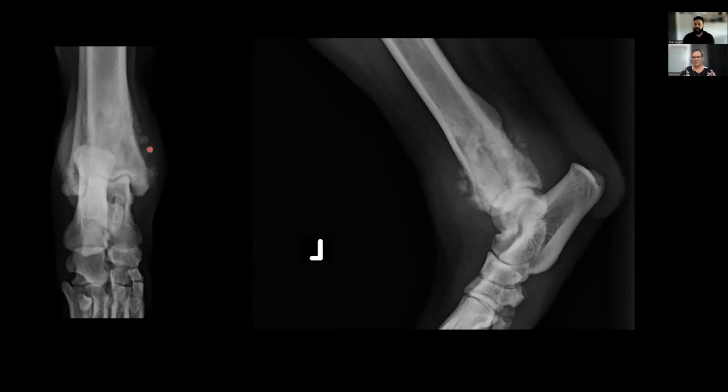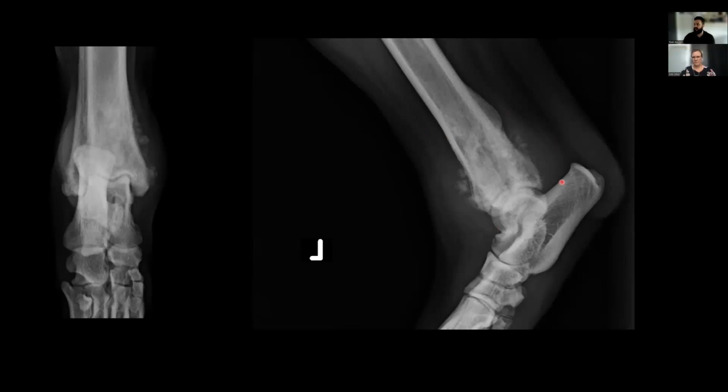And similarly here in the craniocaudal projection, we have regions of stippled lucency throughout the distal metaphysis compared to the more proximal portion or this distal diaphysis of the bone here. So I've got lots of evidence pointing me towards an aggressive osseous lesion. And then of course, I also have radiographic evidence of soft tissue swelling.